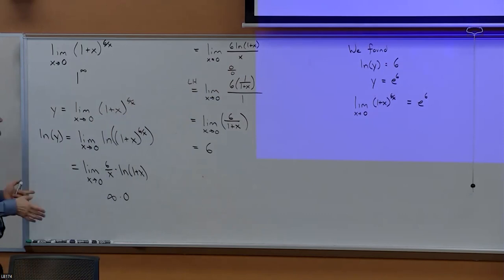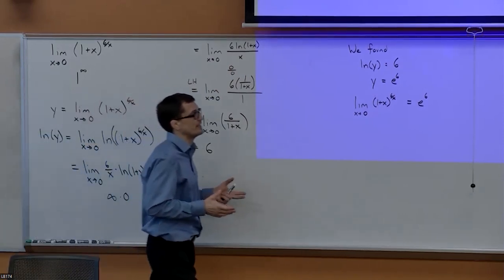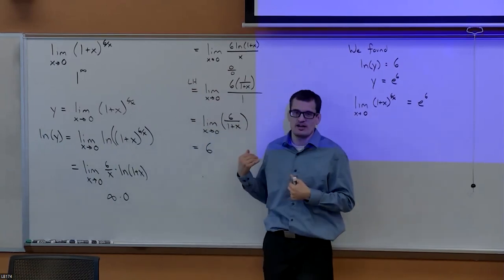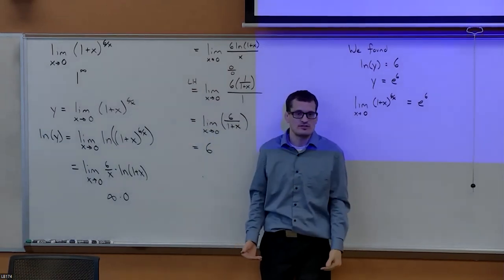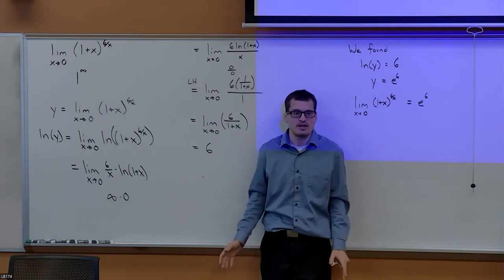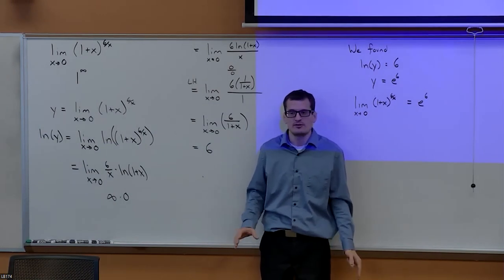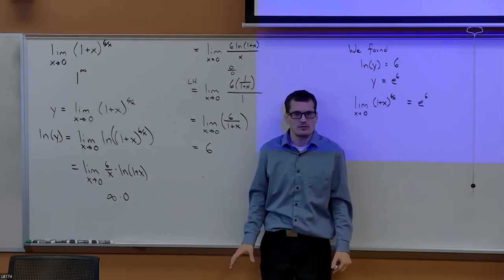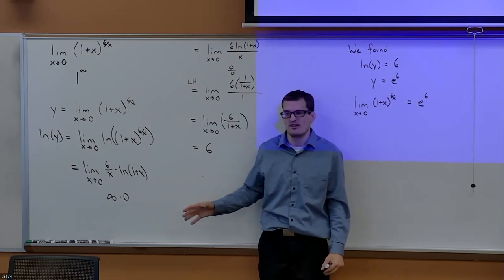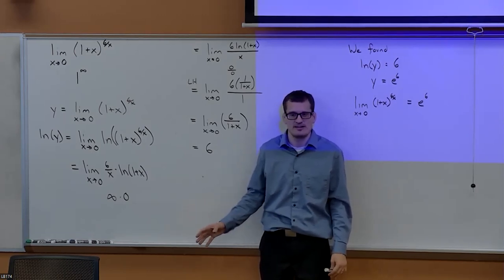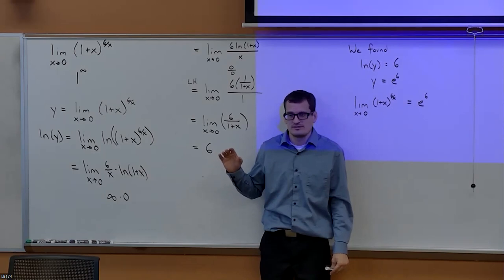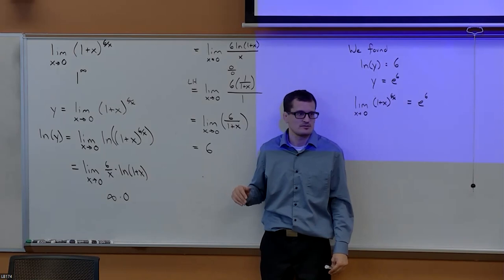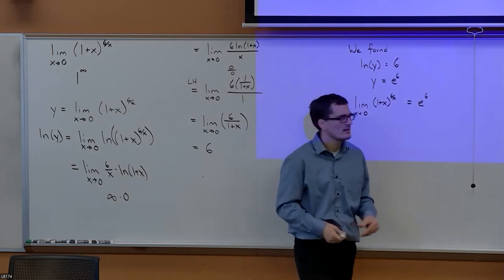Now, like I said, this is sort of the extreme cases of use of L'Hopital's rule. Most of the things we're gonna see in 6.8, when we integrate close to an asymptote, or we integrate out to infinity, are gonna be more of the stuff that we looked at the very, very beginning, like 5 over 3x as x goes to infinity. You know what I'm saying? So stuff like that.